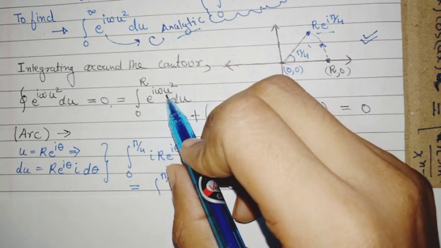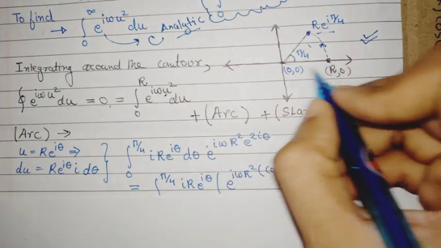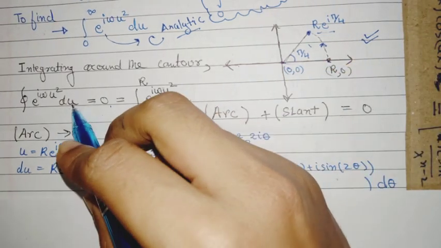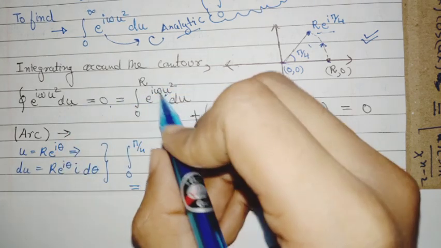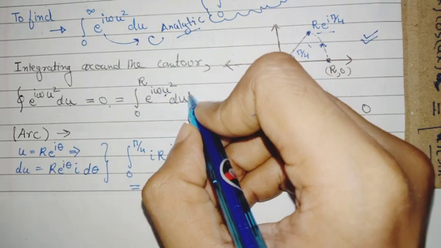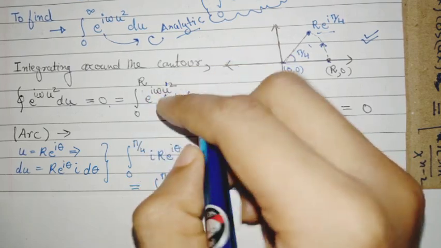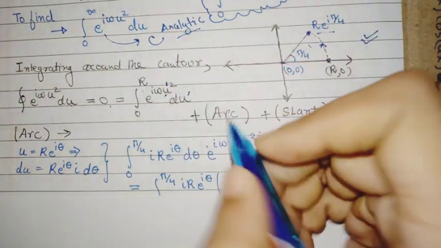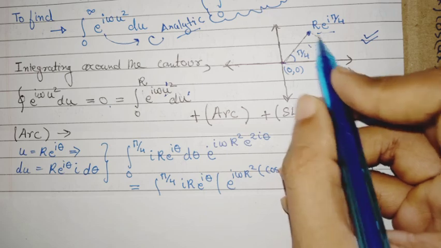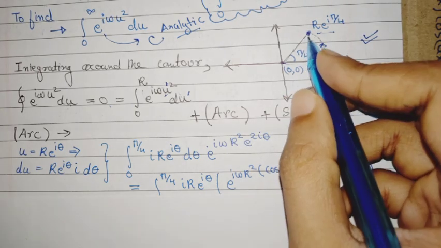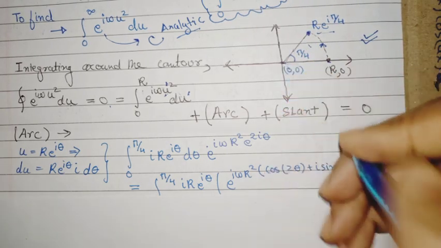Remember, this is now a real parameter, so I am substituting continuously. Like here u is a complex parameter. Now I set u equal to u prime, suppose. This is really a real parameter, but you can always rename your variables. Plus you will have the arc part, and plus you will have the slant part. This is the slant part.